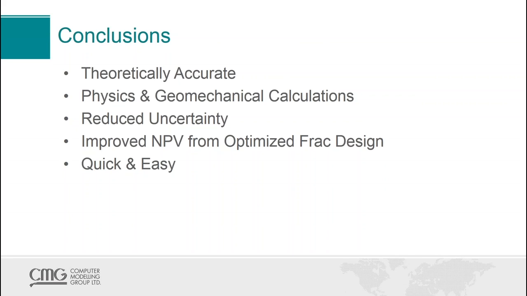This reduces uncertainty in your simulation results, and with this reduced uncertainty, you can better improve your NPV by optimizing this hydraulic fracture design beforehand. And finally, as you've seen in the demo, it is very quick and easy to set up.